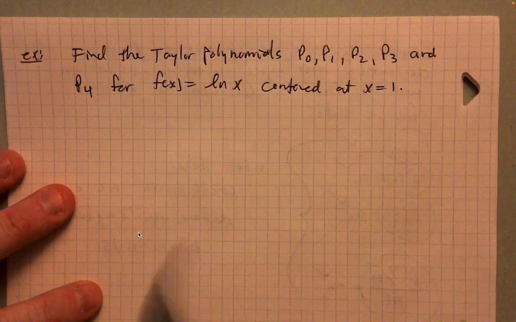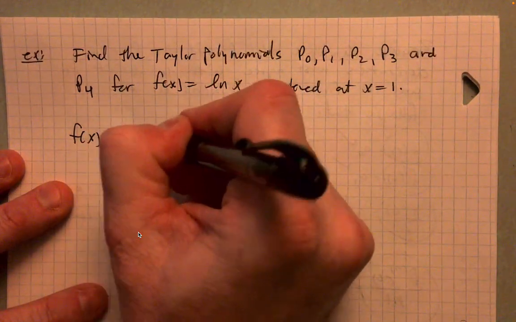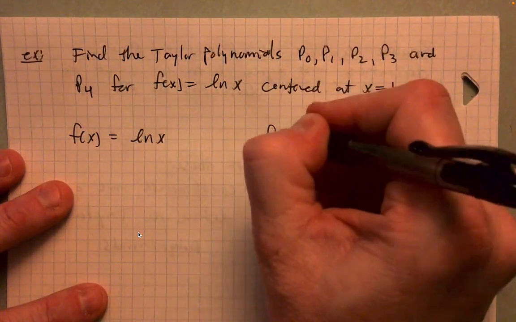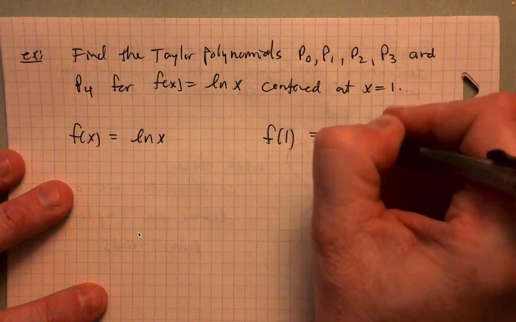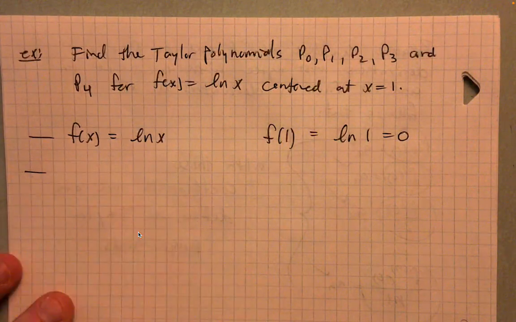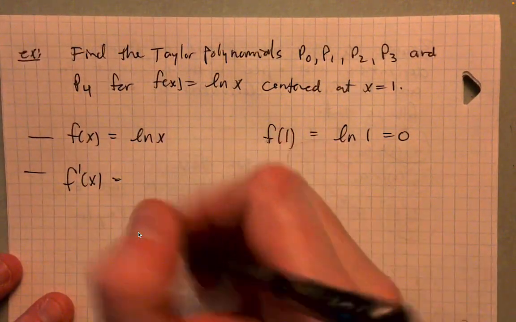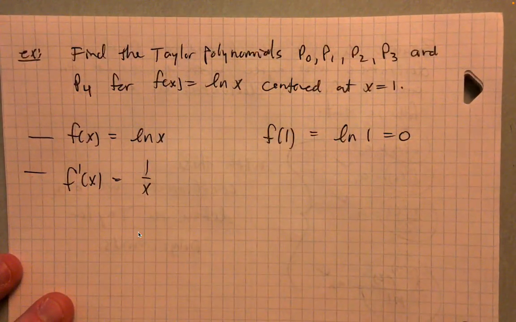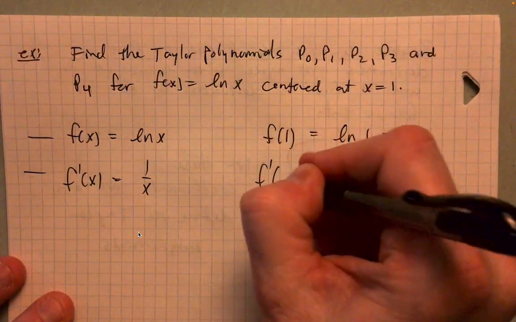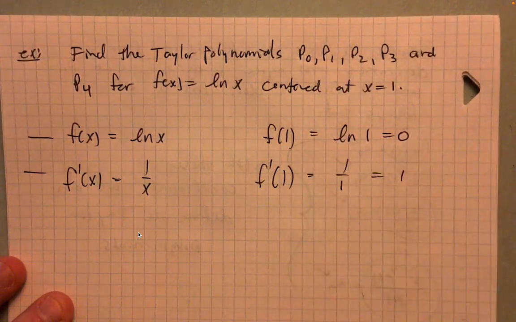So f of x is equal to ln of x, and f of 1 is equal to ln of 1, which is 0. The derivative of ln x is 1 over x, so the derivative evaluated at 1 is 1 over 1, which is 1.